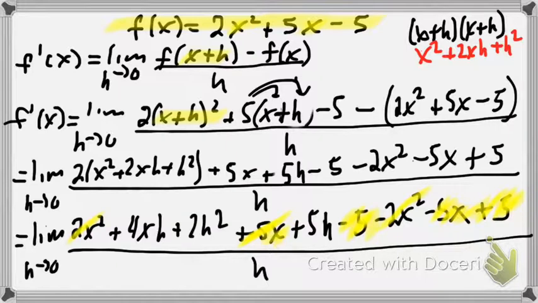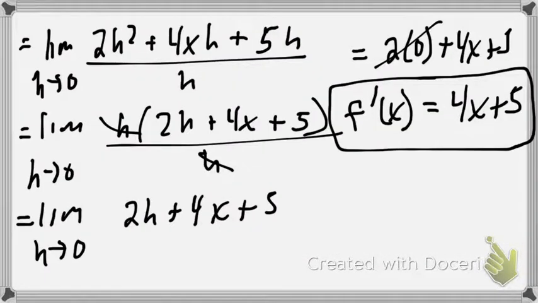So if this is my function, and I want to find the instantaneous velocity at t equals 8, you'd plug in 8 into this function. If you wanted to find the instantaneous velocity at 10 or 15, once you have this, you can just plug it in.